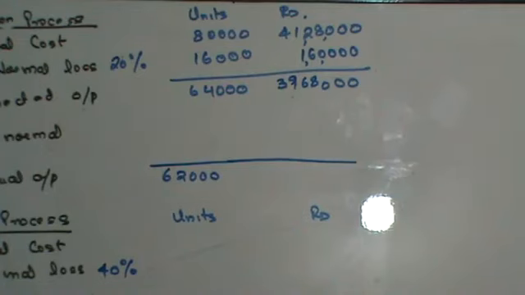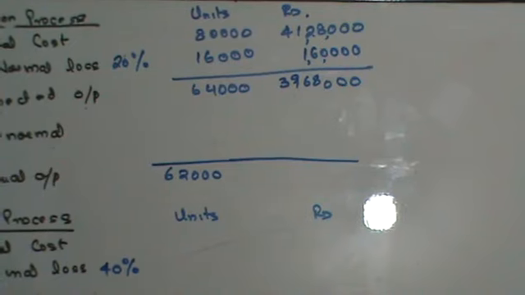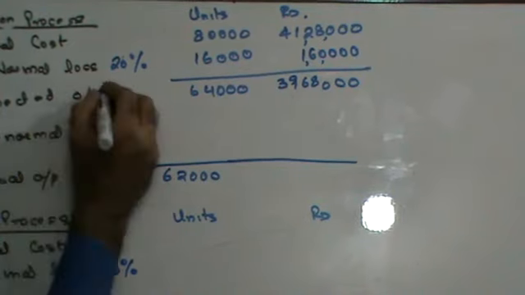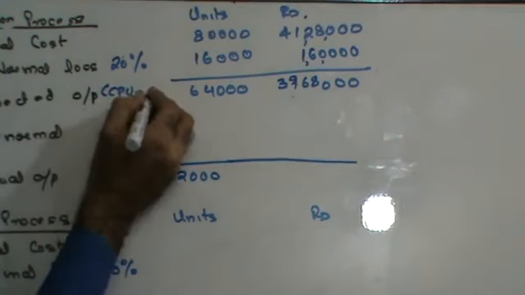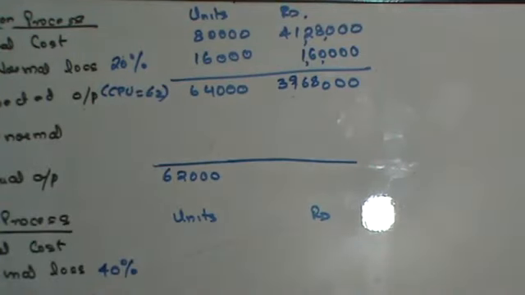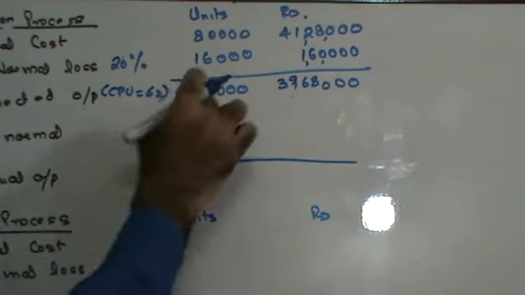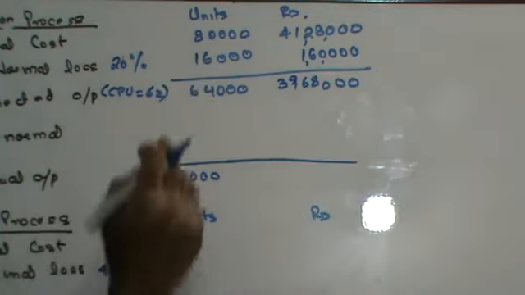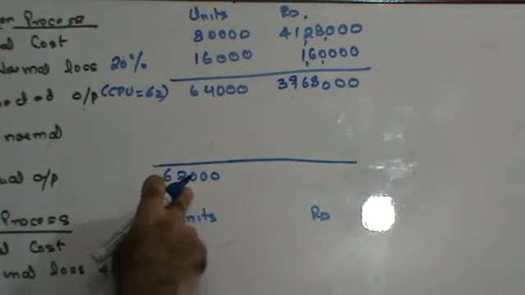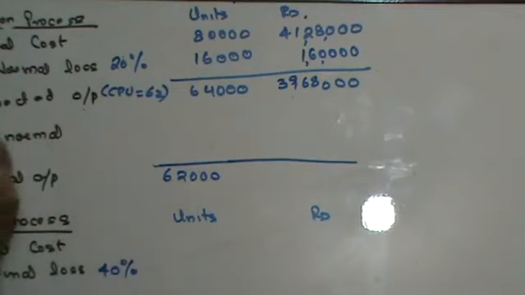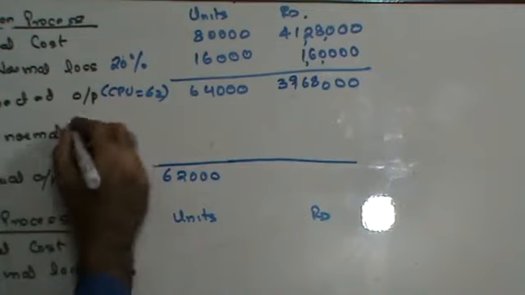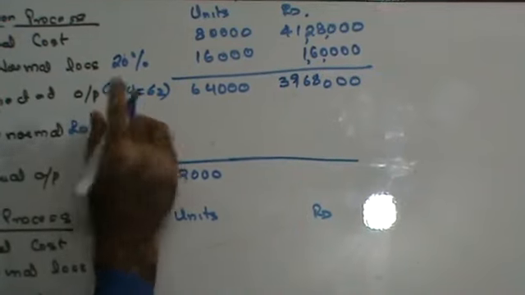Now get your CPU. How do you get CPU? 39,68,000 divided by 64,000. When you divide this, you will get your CPU as 62. Now actual output, guys, we've got an expected output of 64,000 units, whereas my actual output is only 62,000 units. That means there has been a loss. This will be called as your abnormal loss.